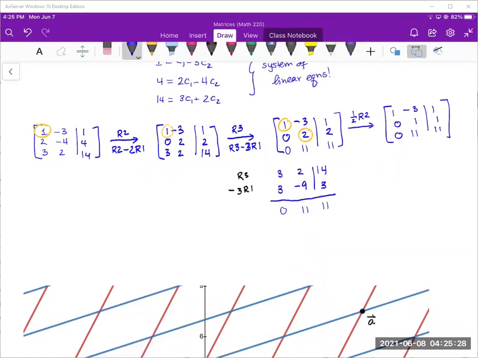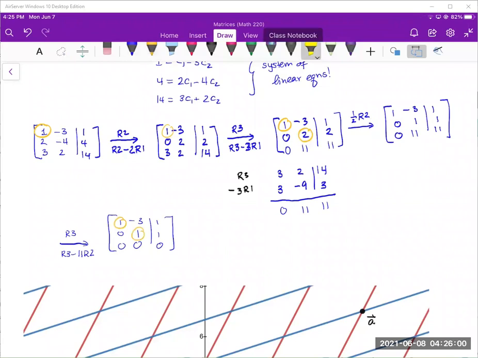Okay, so let's do that now. We're replacing row 3 with row 3 minus 11 row 2. Okay, now we're not quite in reduced row echelon form, almost there. We have our pivots moving down and to the right.